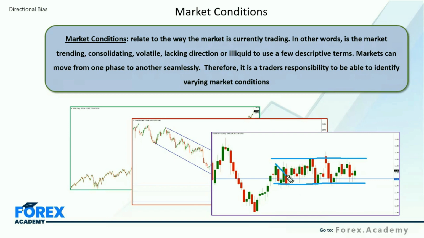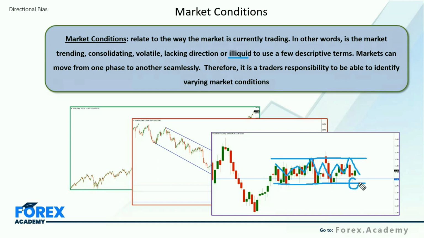So what you will experience is this kind of indecisive price action, which is ultimately moving sideways. And it may be a little bit more illiquid, and it's really a case of looking at the charts and identifying what the market conditions are, in terms of how that will enable you to have a directional bias.